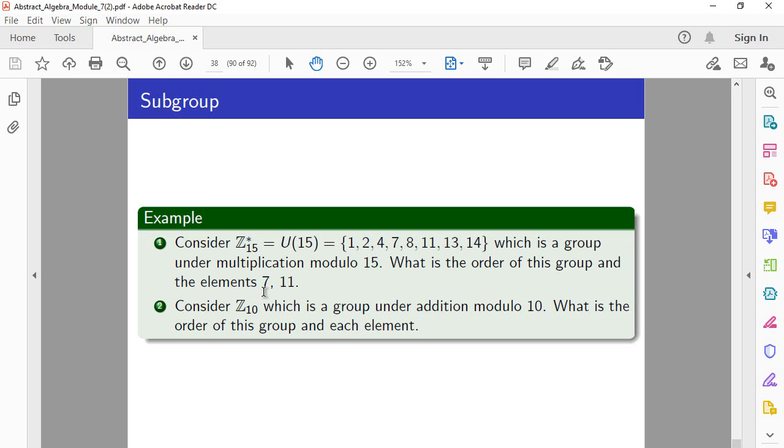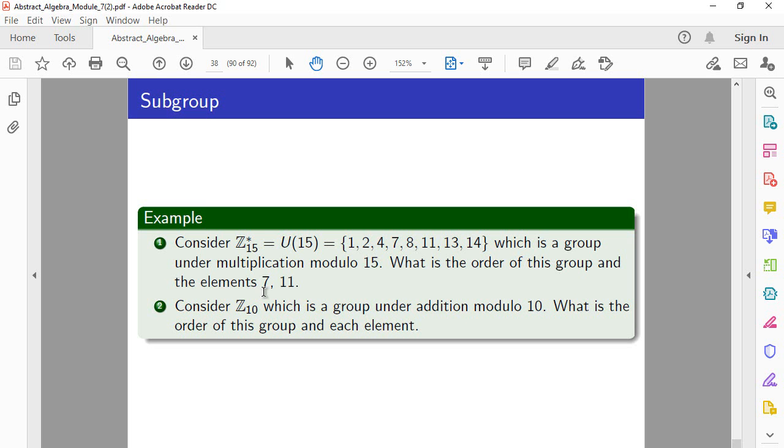And then 7 to the power 4, that's going to be 91. So that's going to be 7 cubed times 7. 7 cubed is 13. 13 times 7, that's 91.